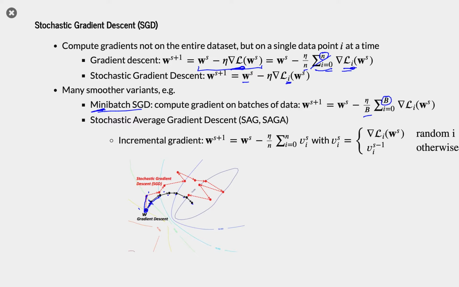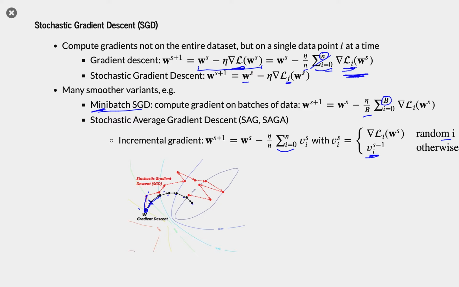Another approach, which is useful especially for linear regression, is called stochastic average gradient descent. The idea there is that we do compute a full gradient over all the n points, but instead of computing the gradients for every single point, we do it only for one random point i, and all the other components, the gradients of all the other points, we keep as they were before.